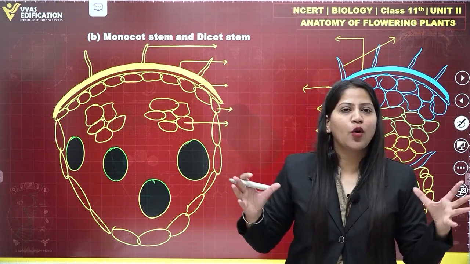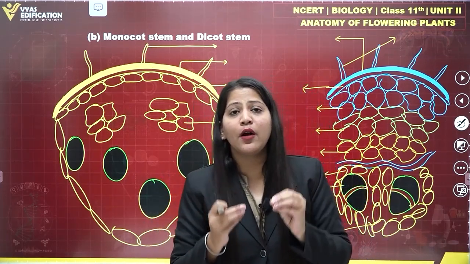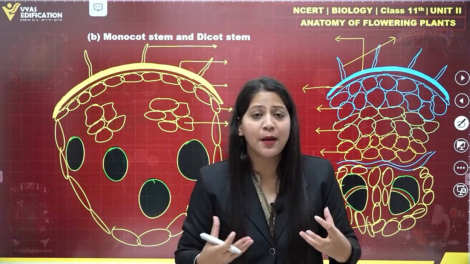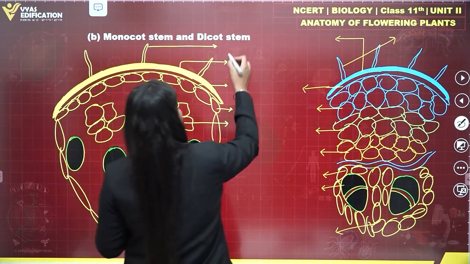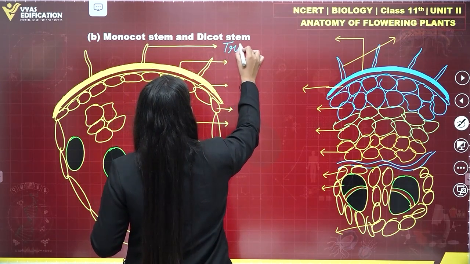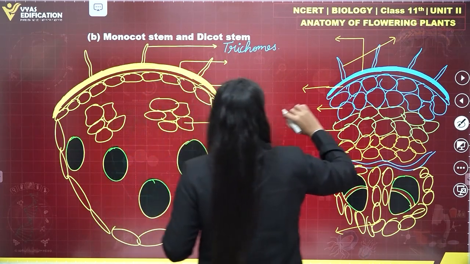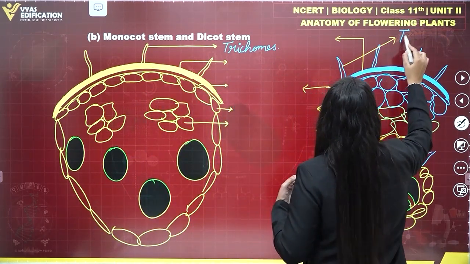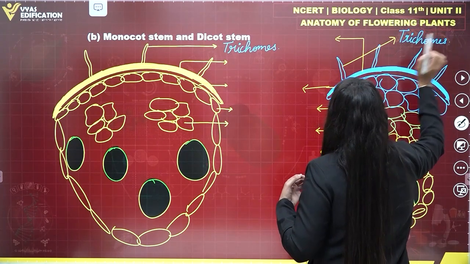Now, you cannot call them root hairs because root hairs are only present in roots. The hair-like structures present on the stem are called trichomes. So we will write trichomes here, and similarly here also.